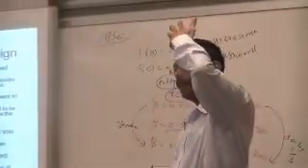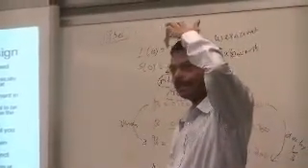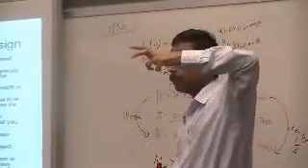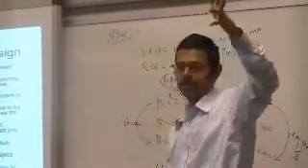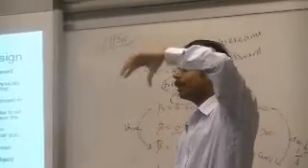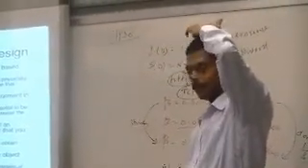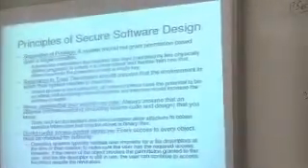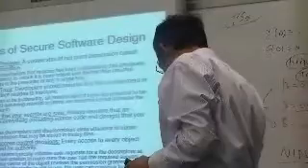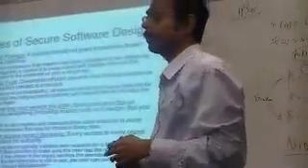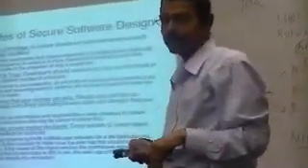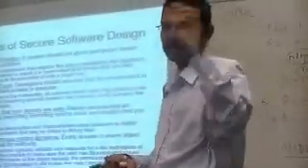Same way, in an application, you should never let just one condition become true and let something be executed. You should always have multiple conditions become true. Even from a login point of view, I think we covered this in the login chapter, you have multiple levels of authorization. Have password-based, have biometric-based, have smart card-based.